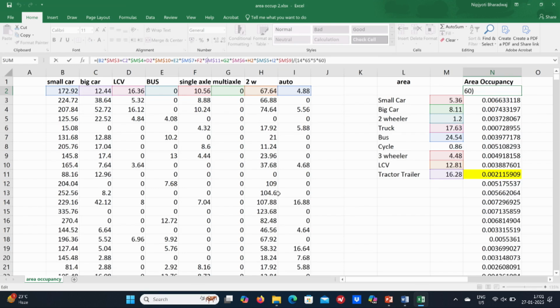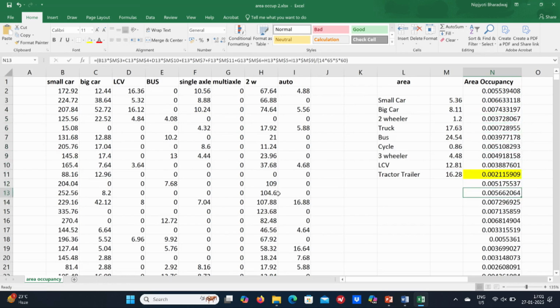By that measure we can estimate the area occupancy here. The same process we can do for the other intervals. We can record the data for each 5 minutes and estimate the area occupancy in a similar fashion. So I think that will be my example for area occupancy, sir.